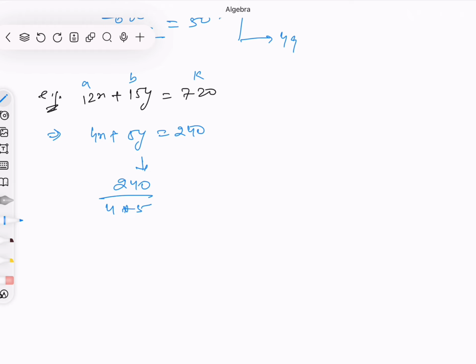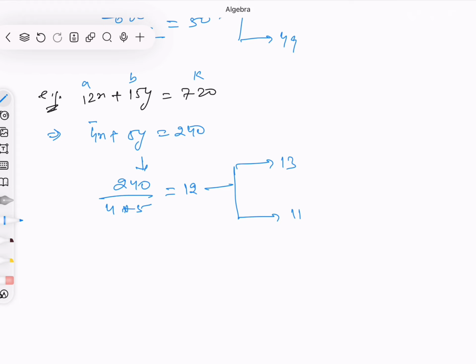So 240 upon 4 into 5 would be 12. We wanted to make the HCF of these coefficients 1, so that is why we divided the whole equation by 3. So this would be 12. That means 13 will be non-negative integral solutions and 11 will be positive integral solutions. This is case 1.